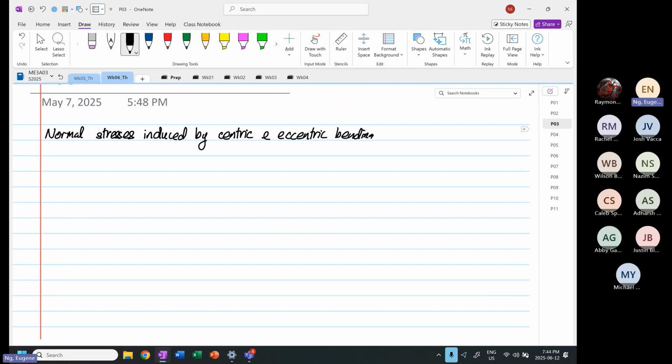So like the term, we just came from buckling, right? We have centric buckling, eccentric buckling. So for bending, you also have centric and eccentric bending.